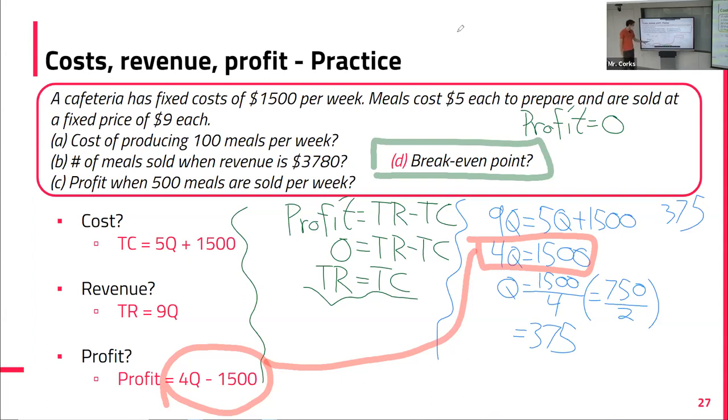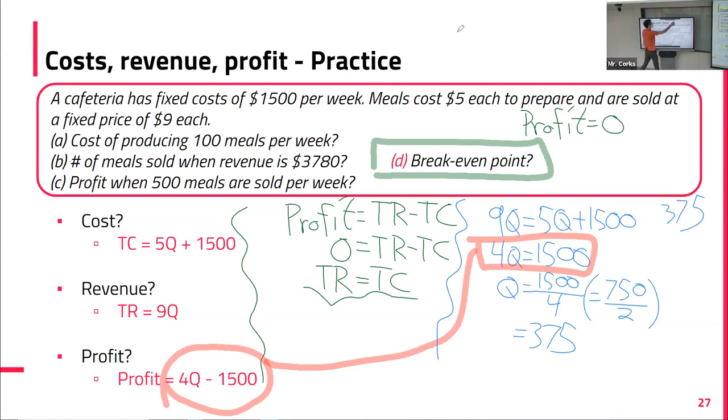If we have a profit equation, we can find the break-even point. If we just have cost and revenue equations, we can still find the break-even point. So, a nice simple scenario. Find the break-even point. Questions?